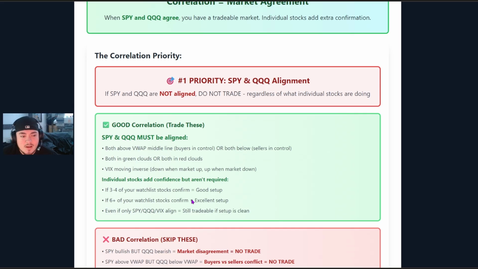If 6+ of your watch list stocks confirm, that is an excellent setup. Even if only SPY, QQQ, and VIX align, this is still tradable if the setup is clean, right? Whether we have a level of support or a level of resistance or just a gap to fill and we see the buyers in SPY and QQQ, even if there's no correlation with the individual stocks, it is still tradable, guys, right?